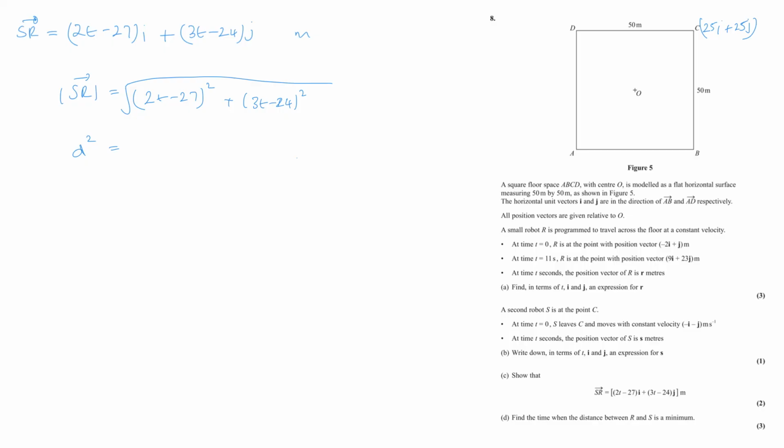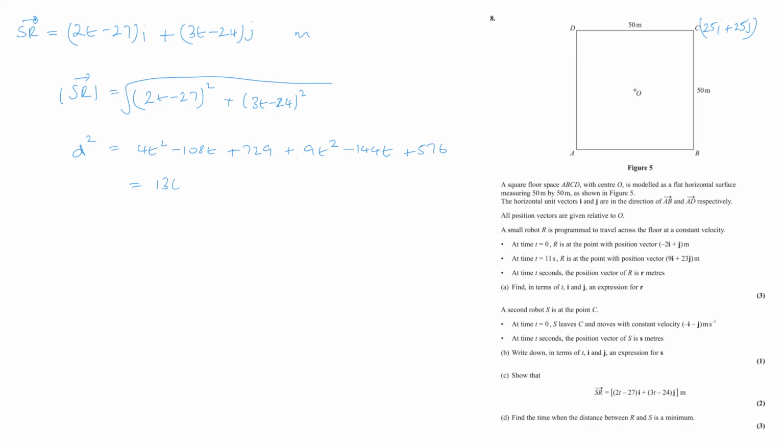So that is 4t squared, 27 times 2 times 2 minus 108t, plus 729, plus 9t squared minus 144t plus 576.